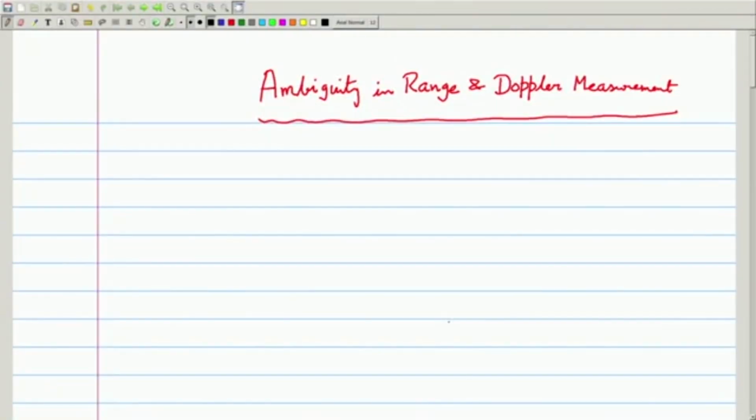Now, to do that we will go back to equation 14.